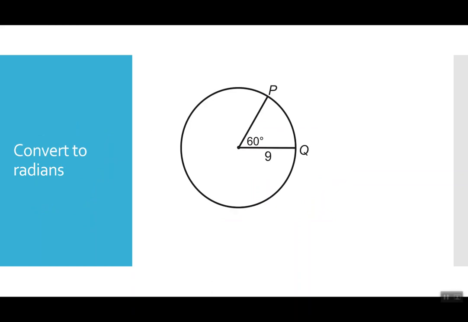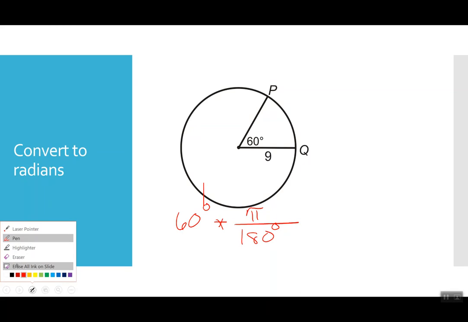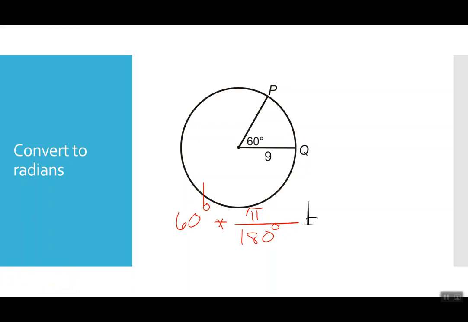Let's convert 60 degrees to radians. So I have 60 degrees, and I want to change that into radians. I'm going to multiply by pi over 180. I think it's helpful to put the degrees in so you can see where they're going to cancel out. The degrees from the 60 will cancel with the degrees from the 180, which will leave my answer in radians.